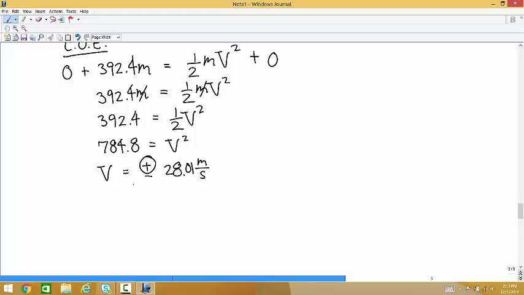So the only kinematics that we did this kind of stuff for was, well, how would you know it's not kinematics?